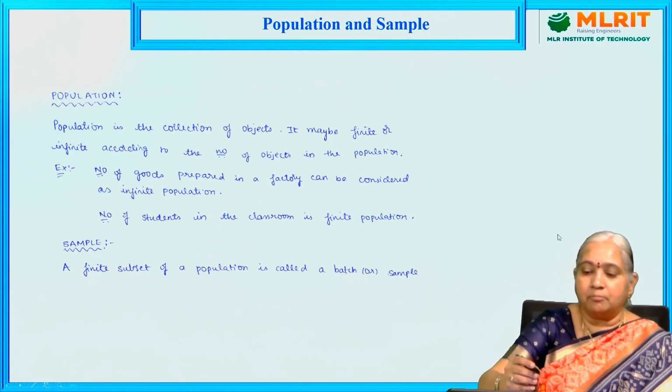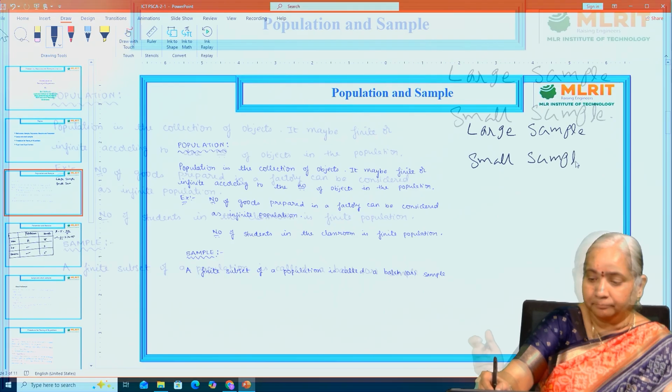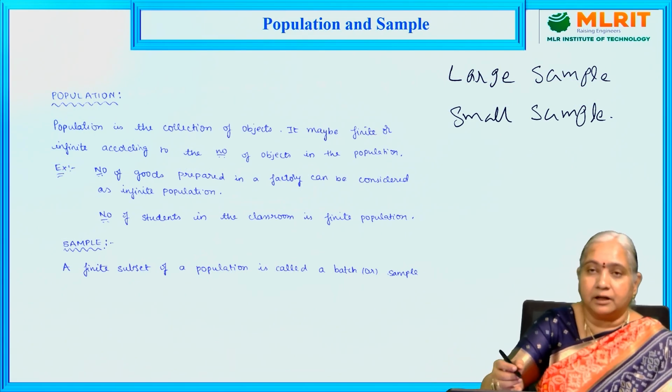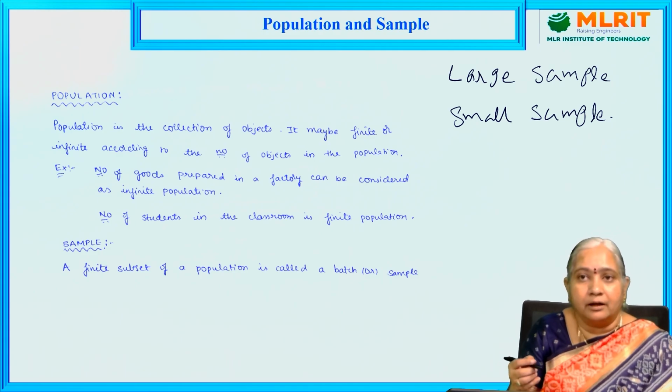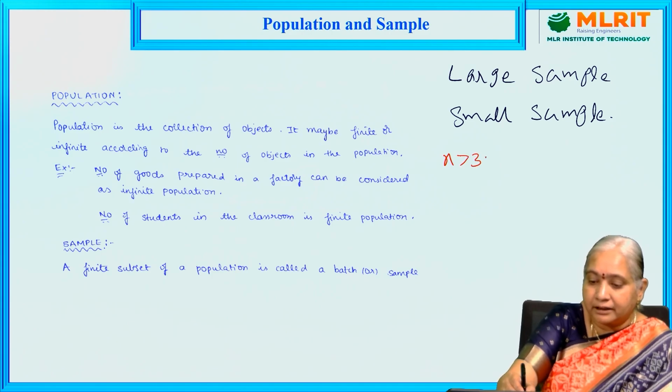So in this, we have large samples and small samples. What is a large sample and a small sample? If the number of objects, denoted by n, is greater than 30, then it is a large sample.